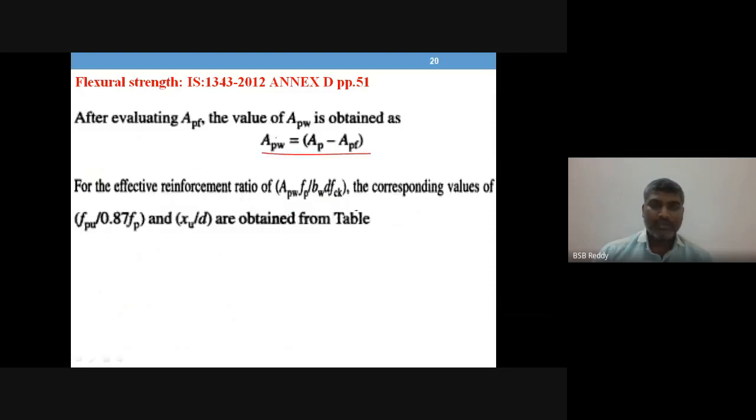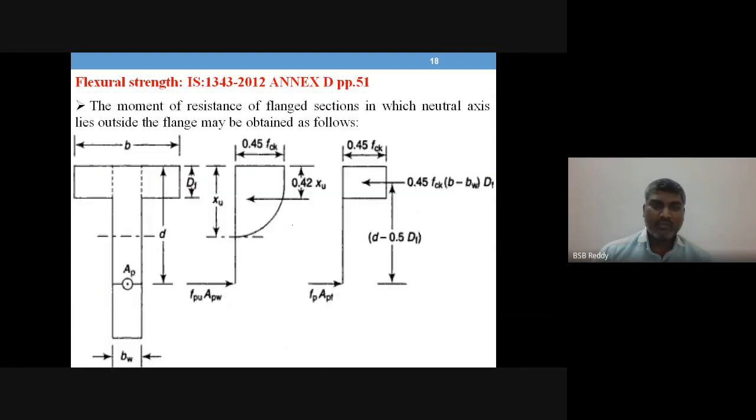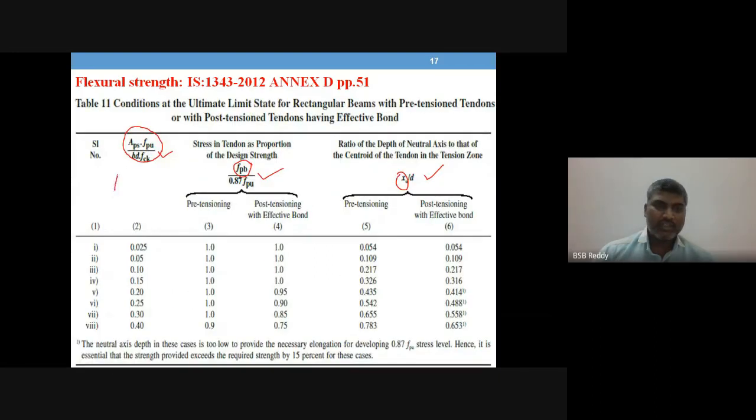Once you get APW, the formula that is available in the IS code will change a little. Instead of the total area of steel, you have to substitute only APW, and FPU is as usual. Instead of B, you have to use the web width. D is as usual, and FCK.